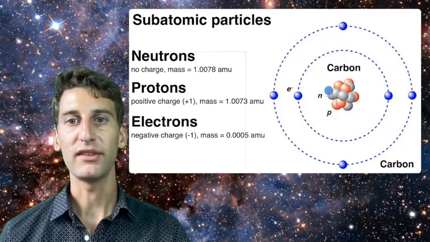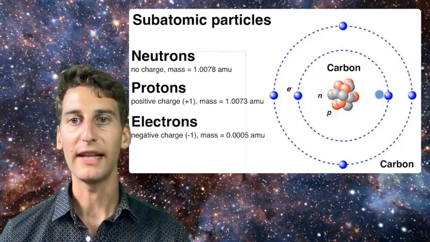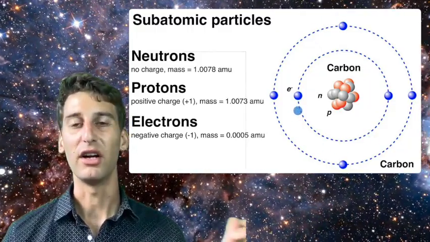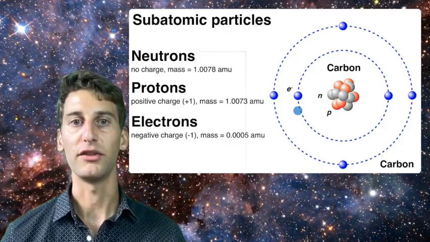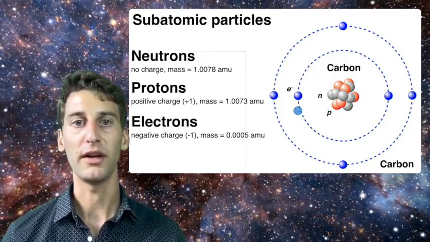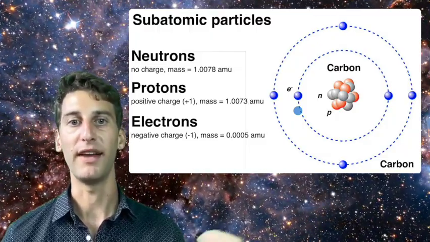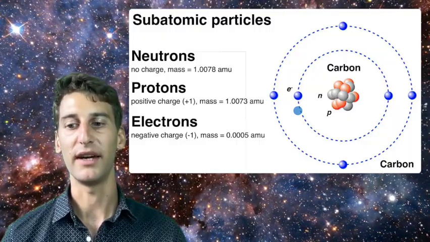That's the nucleus, the center part of an atom. And this is surrounded by a cloud of electrons shown here. Electrons have a really, really tiny mass, almost negligible, but they have the equal and opposite charge to a proton. So if you have one proton and one electron, the charges balance out. You have no net charge. But if you have an excess of electrons, you'll have a negative ion. If you have an excess of protons, you'll have a positive ion.